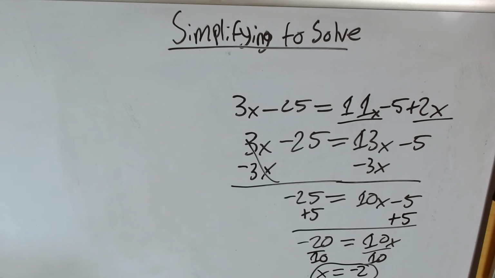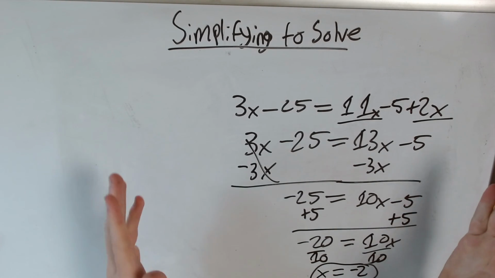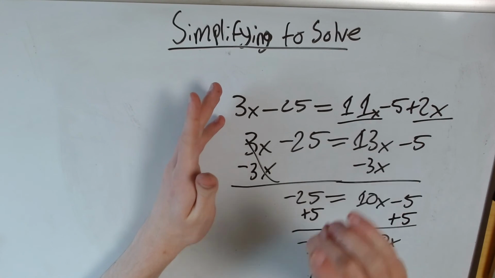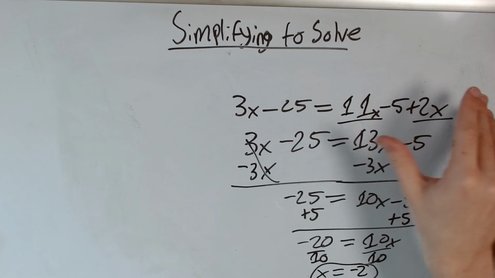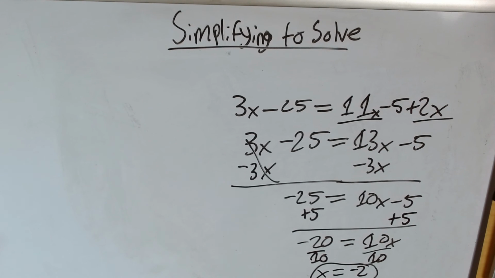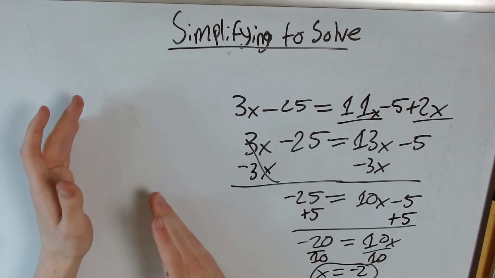So, just remember, when you're simplifying, always look for ways that you can combine like terms first. If you've done that, then say, all right, do I have any x's on both sides of my equation? And if that's the case, put them all on one side of the equation.